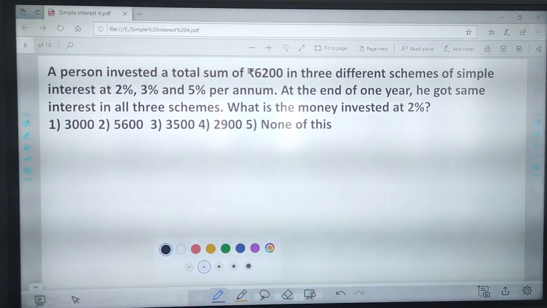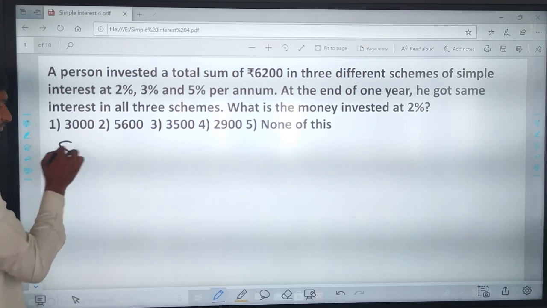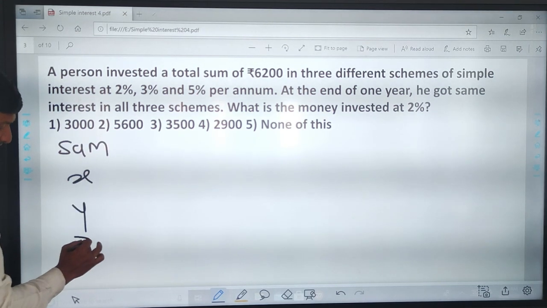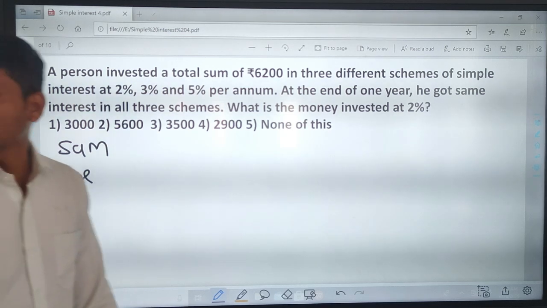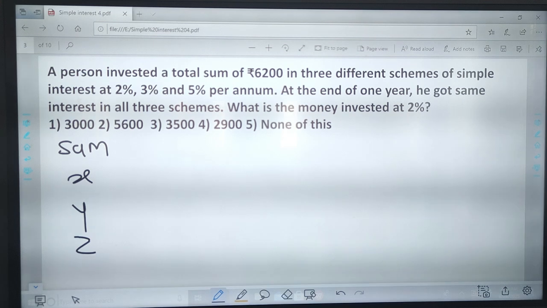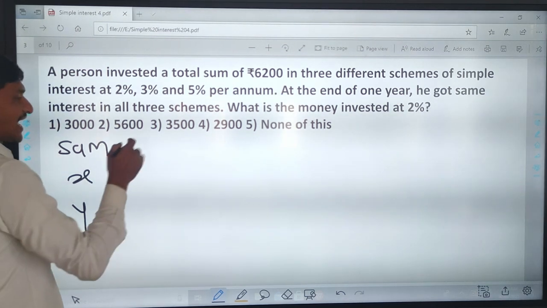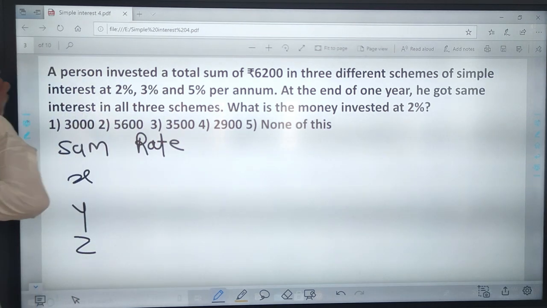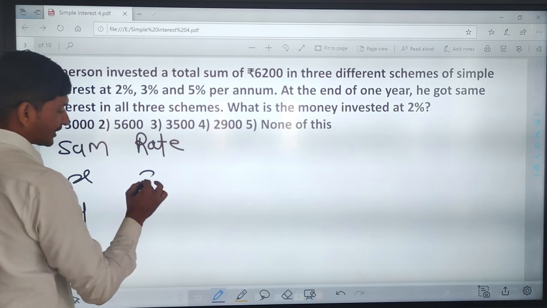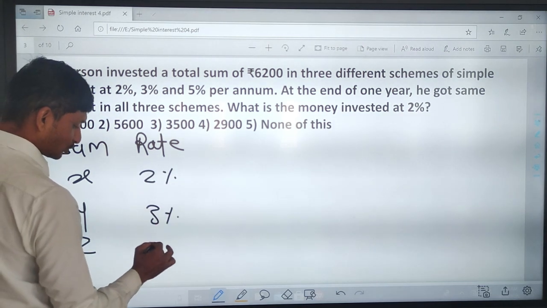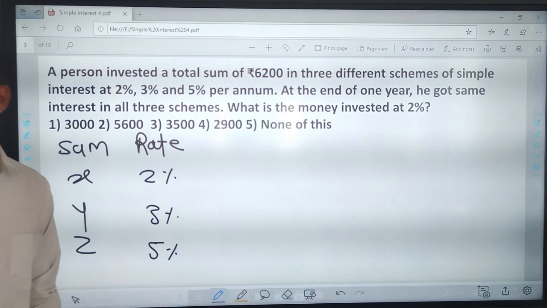Now here there are three different sums. Here the sums or principals are x, y and z. There are three principal sums. Then they are invested at interest rates of 2%, 3% and 5%.